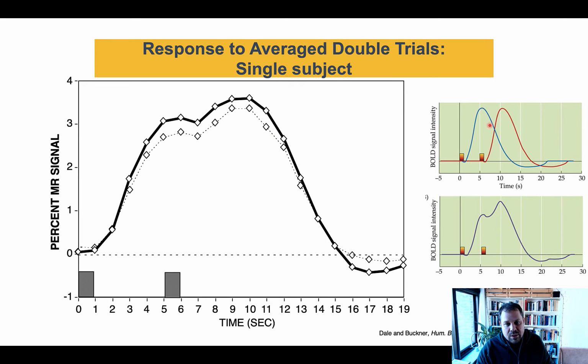And as you can already imagine, you should be able to get the exact BOLD signal to the second stimulus by simply subtracting the BOLD signal of just the one event from this signal, right? So you should be able to recover this red line here by subtracting the blue line from this joint response function. That's exactly what the experimenters did.